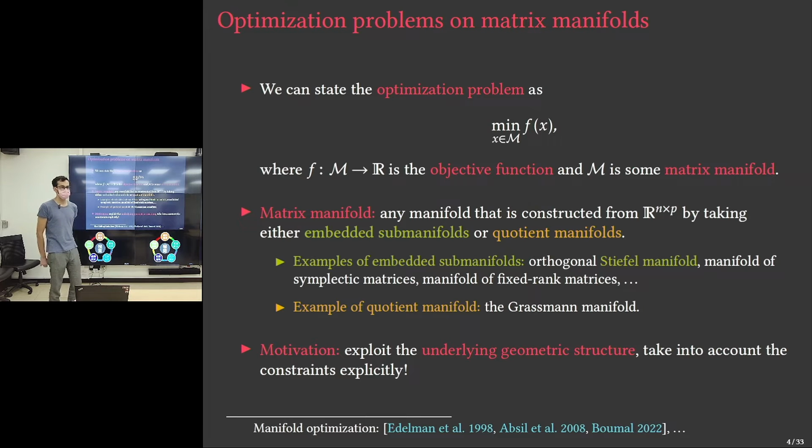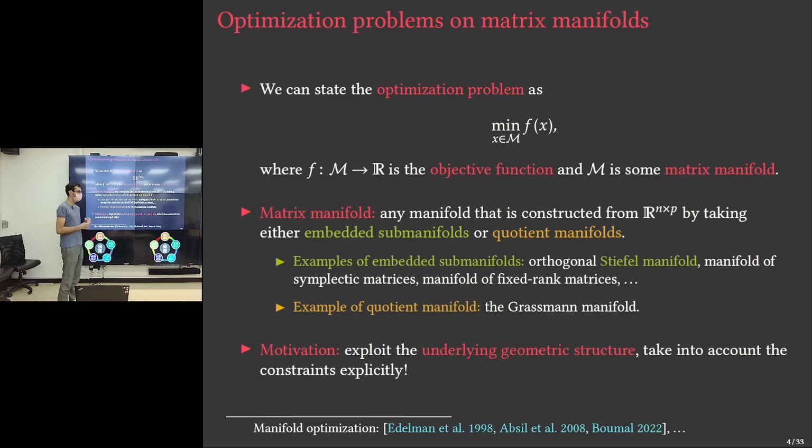Okay, so why do we consider this kind of optimization problems? In classical optimization, if you want to solve a similar problem like this, you have methods to treat constrained optimization problems, like using Lagrangians, etc. In this case, what we do in optimization problems on matrix manifolds is exploit the underlying geometric structure of the problem, the geometric structure of the manifold.